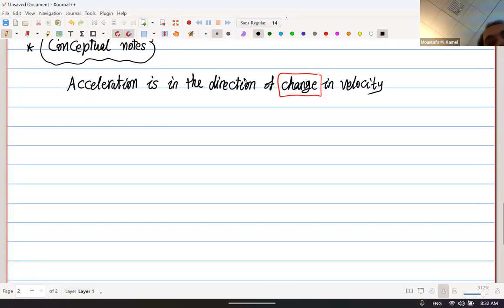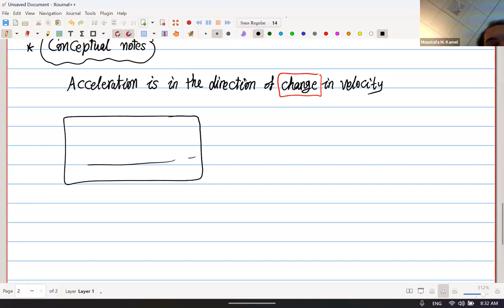We can write down some examples. So if we have a car here moving on a straight line, let's say this is the direction of the velocity, and this is the direction of acceleration. In this case, as we said, conventionally we will define the right-hand side to be positive. So in this case acceleration is positive.